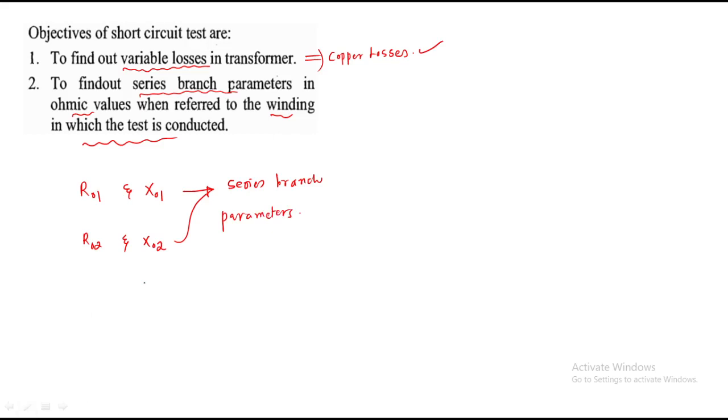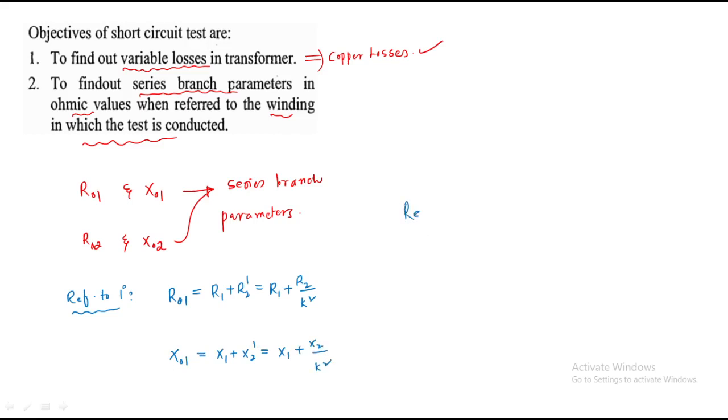When referred to primary, the series branch resistance R01 is equal to R1 plus R2 dash, which is equal to R1 plus R2 by K square. Similarly, X01 is equal to X1 plus X2 dash, which is equal to X1 plus X2 by K square.